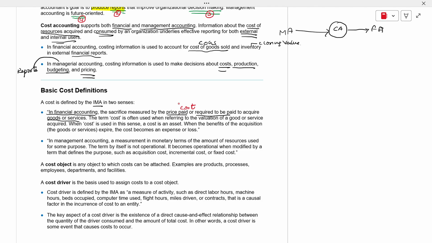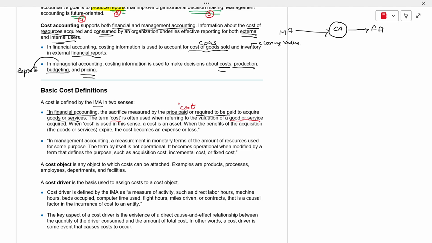The word cost refers to the value of goods or services. Whenever you are purchasing a product, the word cost will be used.